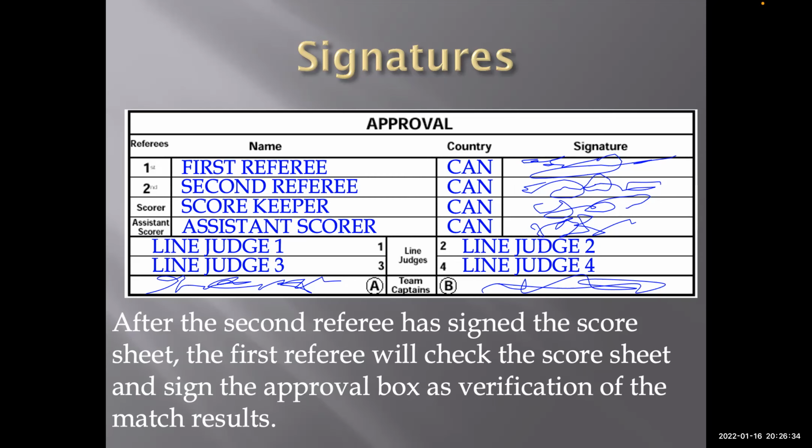Then the second referee and first referee will probably take the sheet. They will go through every set, go through every box, and they will make sure that it was recorded appropriately. And then they will sign in that order, second and first referee. If a score sheet is done incorrectly, they are the ones that are responsible. It doesn't tend to be as big of a deal at VA events, but at nationals, it can make a huge difference.